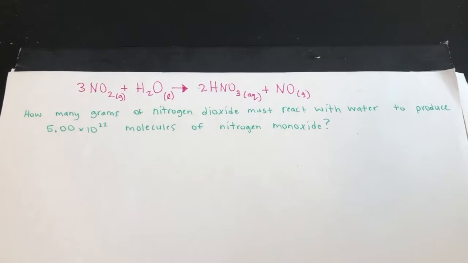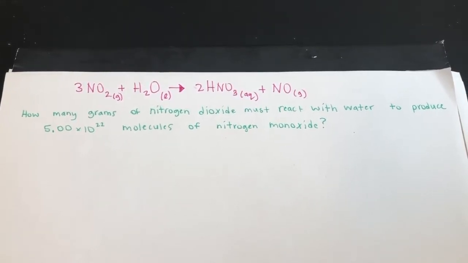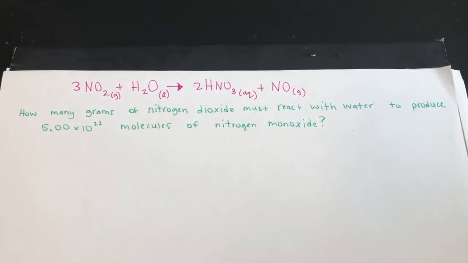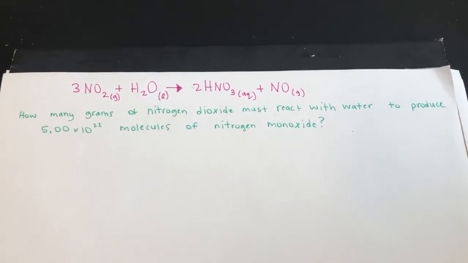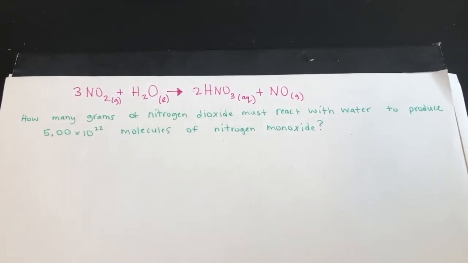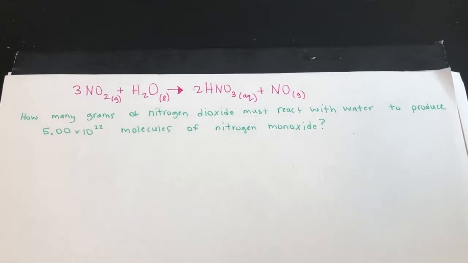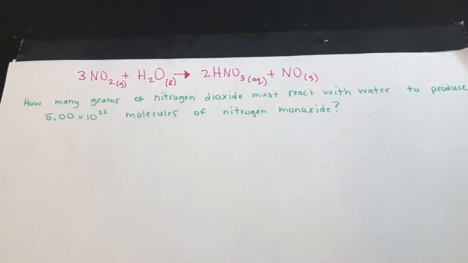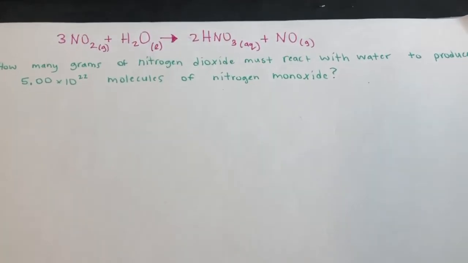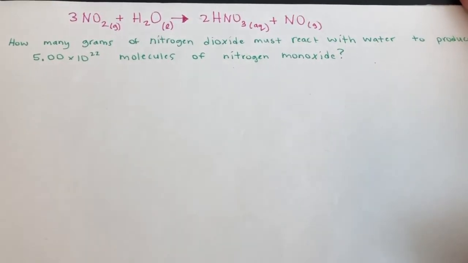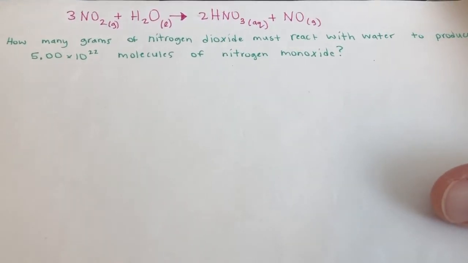And the question says how many grams of nitrogen dioxide must react with water to produce 5 times 10 to the 22nd molecules of nitrogen monoxide. Okay? So, let's see if we can get all this in one shot here.